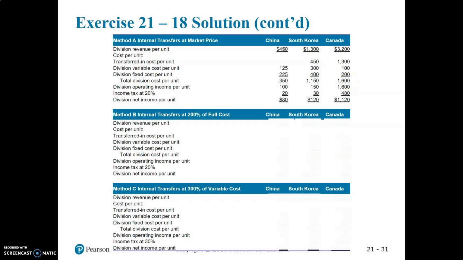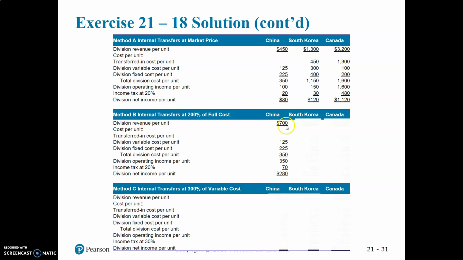When you subtract the $1,600 from the $3,200 of revenue, you arrive at the operating income of $1,600. Now for Canada, the tax rate you recall from the question is 30%. Hence, you take off $480 for the income tax, resulting in a net income of $1,120 per unit.